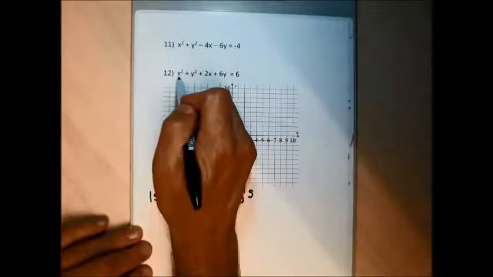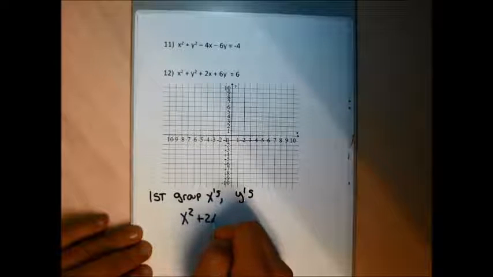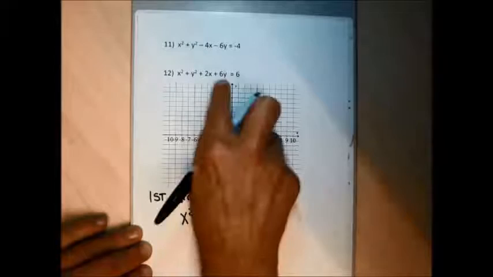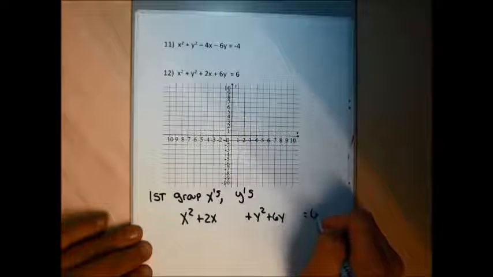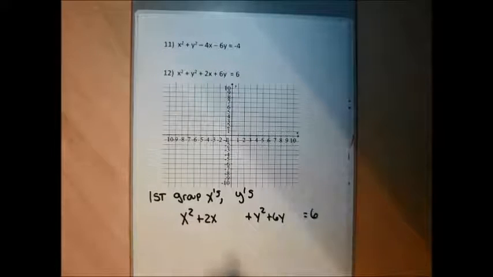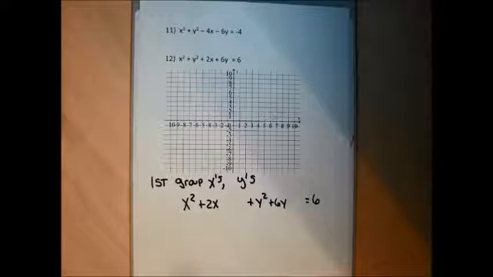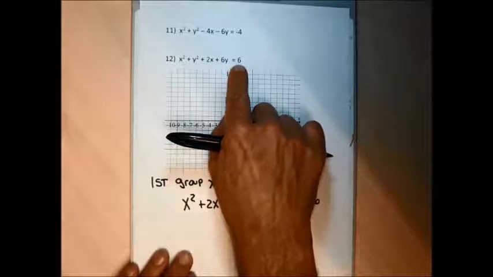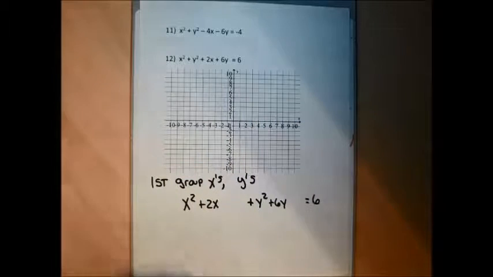So on the left hand side, I'm going to put the x squared plus 2x together, leave myself a little room, and I'm going to put the y squared plus 6y together, leave myself a little room, and to the right of the equal sign I have the number 6 that doesn't have a letter, that's all by itself, that's already in a good place. The difference between problem 10 and problem 12 is the number 6, the number that didn't have a letter, was on the left hand side, and I needed to get it to the other side.